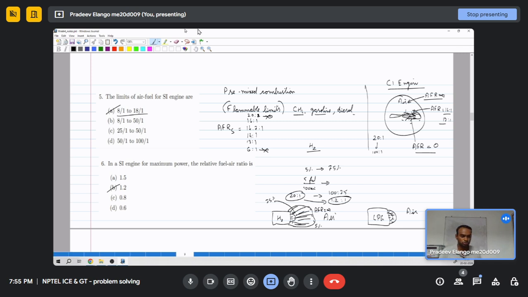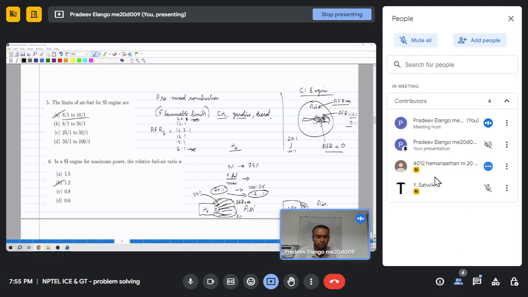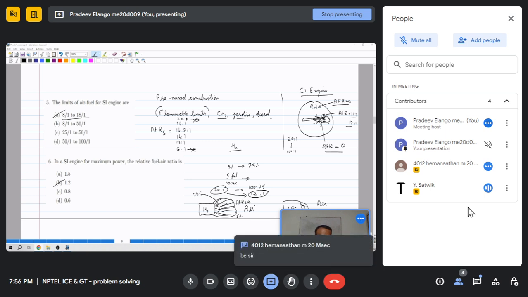I would also like to know about you. You both are taking this course. Where are you from? Are you doing BTech or MTech? Here, I'm from Chennai. Swatik, second year. Oh, you are from Chennai. Yes, sir.